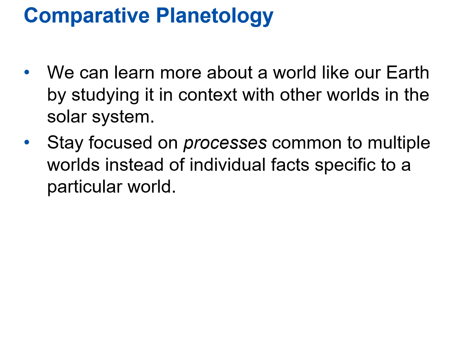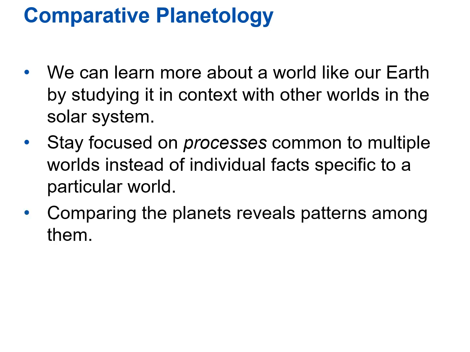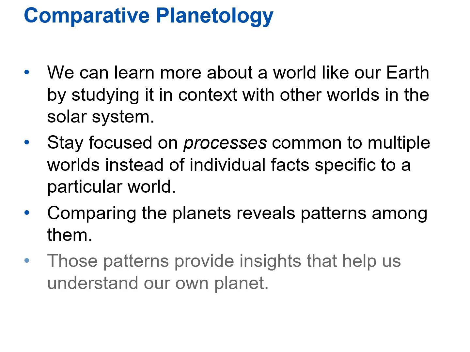So I will teach you facts about the planets, but we're not going to get into needing to memorize the masses and the diameters and the axis tilts and all these quantities about the planets, but rather we're going to think about what patterns exist between the planets as a whole. Comparing the planets reveals patterns among them, and those patterns provide insights that help us understand our own planet.